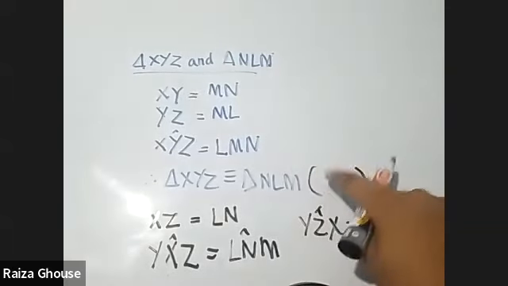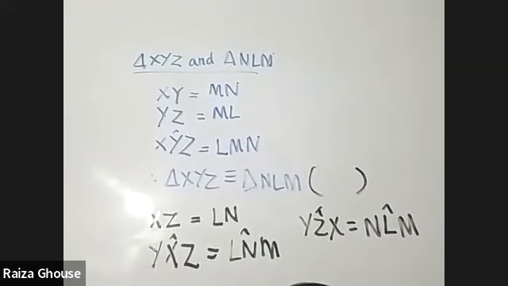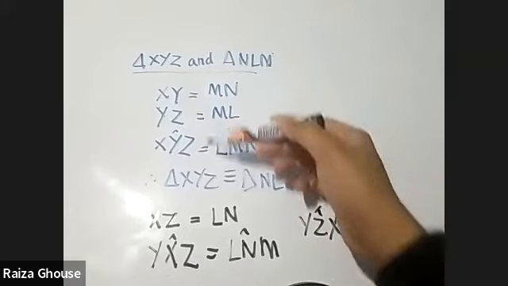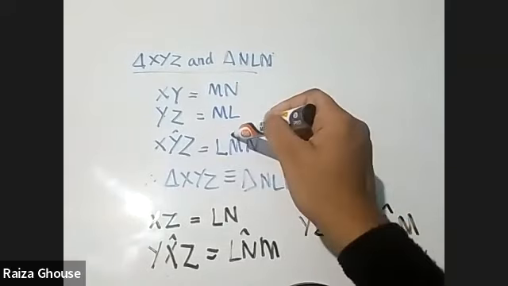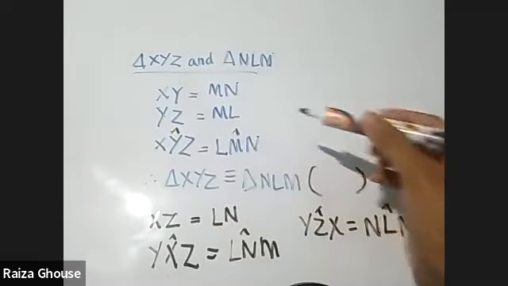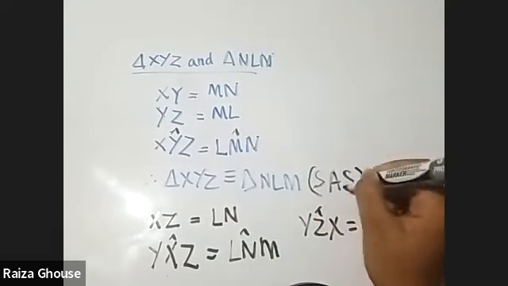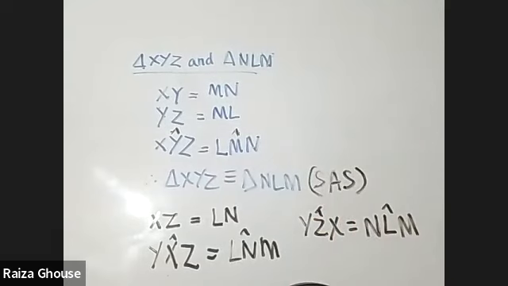For this one, what is the case of congruency? Look at the data and tell me. Side, angle, side. This is how you are writing the answer for question number 4, Roman number 4.